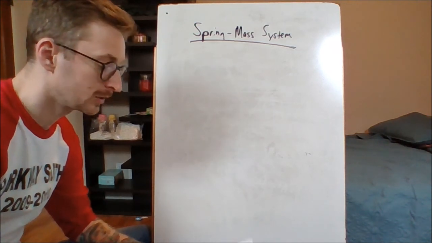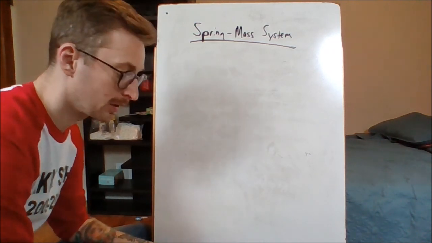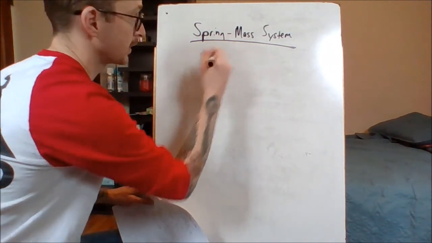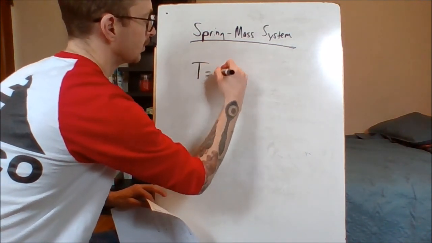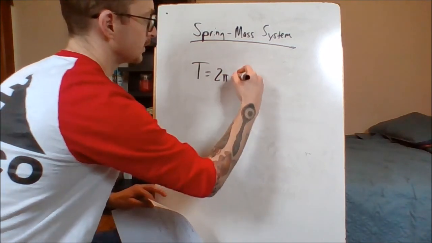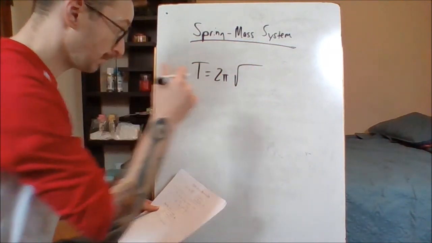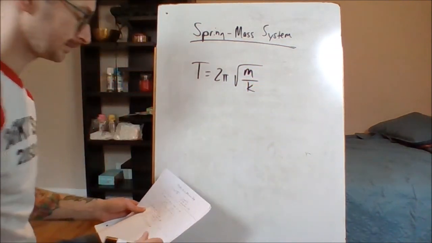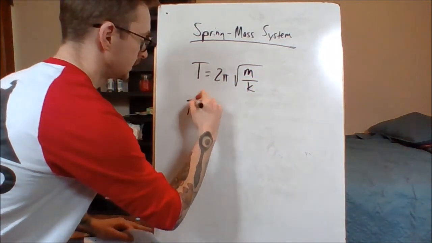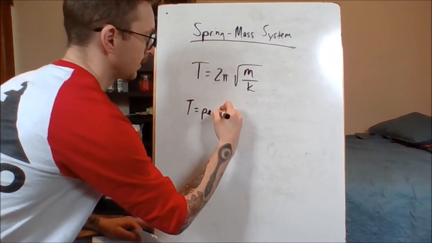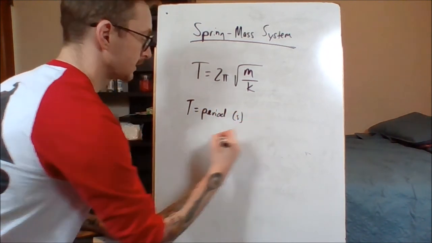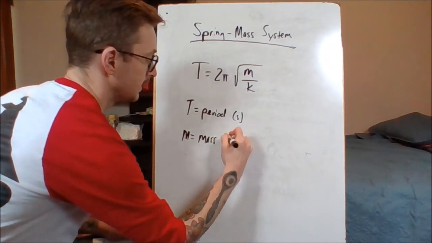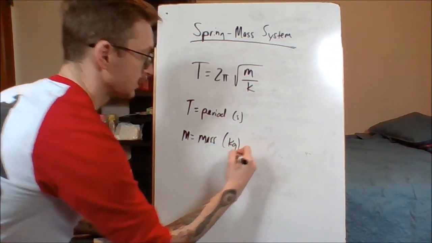Putting all those things together, we came up with an equation for the period of a spring mass system. The period equals 2 pi times the square root of the mass divided by the spring constant. T, again, is the period, measured in seconds. m is the mass, measured in kilograms.